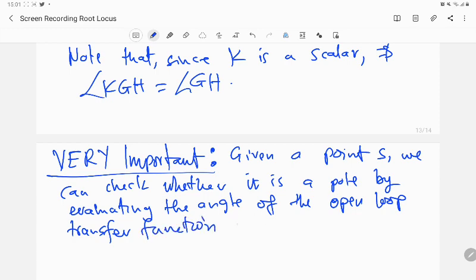The angle is the summation of the angles of the zeros minus the summation of the angles of the poles.